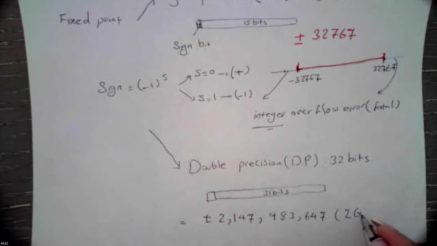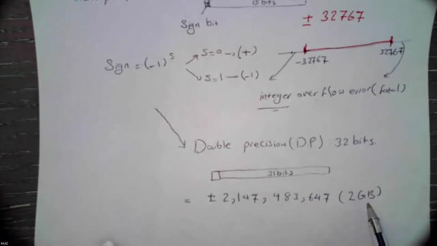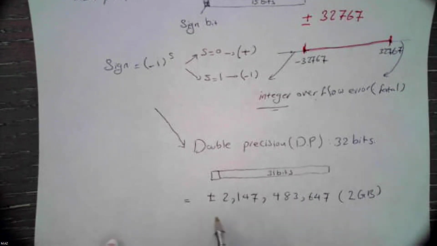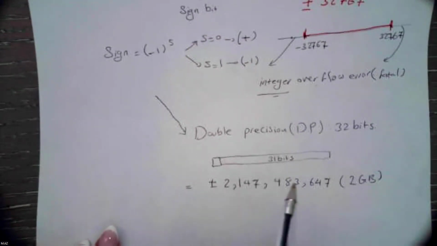This is approximately 2 GB. Gigabytes is about the capacity of the memory, but this number is very close to 2 GB. And this is the largest number for double precision.